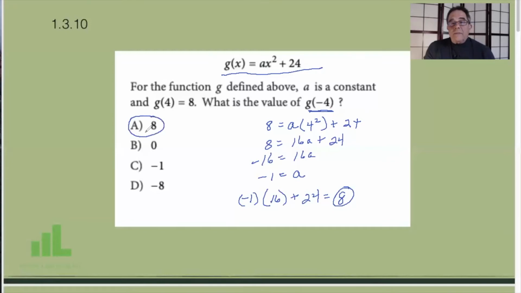Now, if you saw in your mind that, wait a minute, 4 squared is 16, negative 4 squared is 16, so these two values have to give me the same answer. If you saw that, congratulations, well done, take your point, move on.